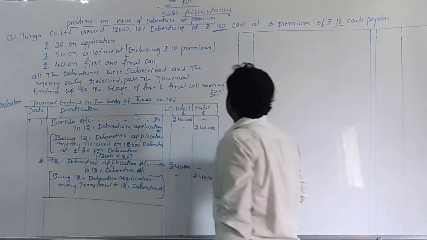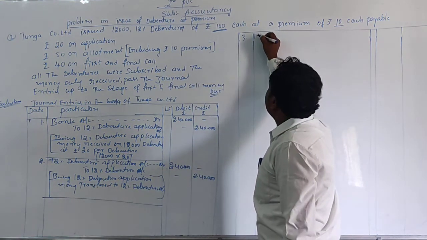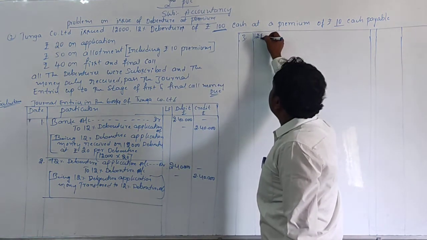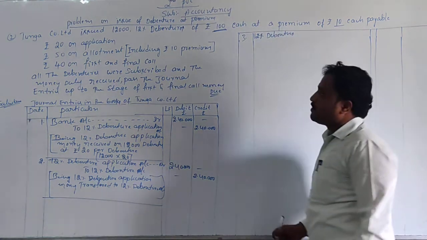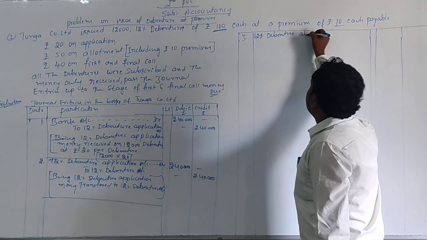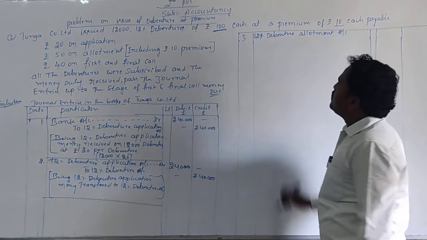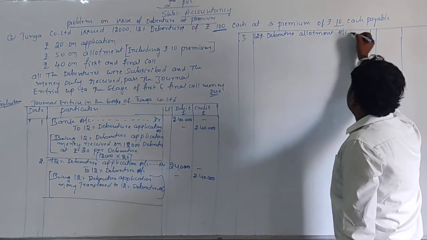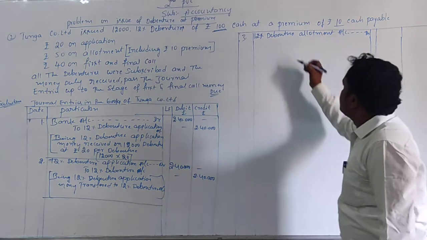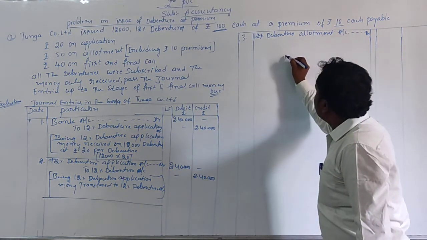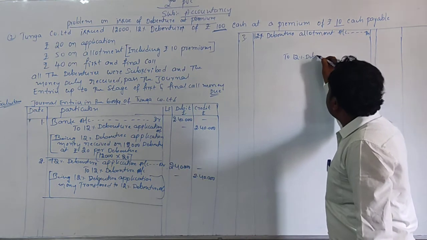So here, the third one for due: 12% debenture allotment account debit to 12% debenture account.